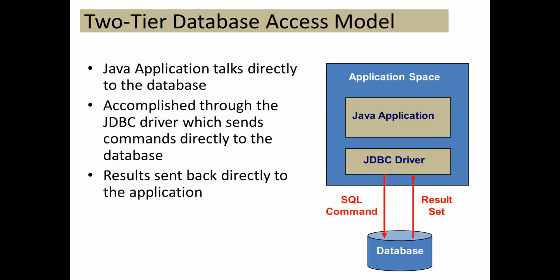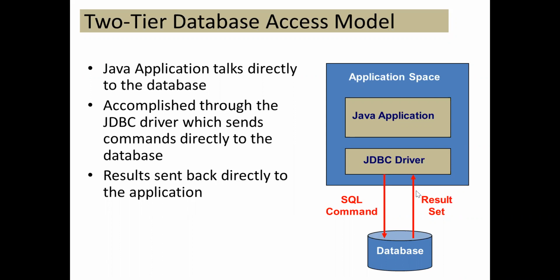In the diagram, we can see that there is an application space. This is an application space containing the Java application and also the JDBC driver. This Java application and JDBC driver, we can call it the application space.